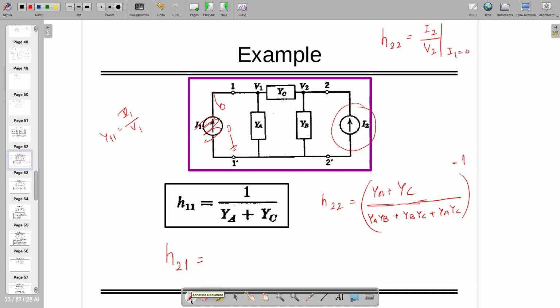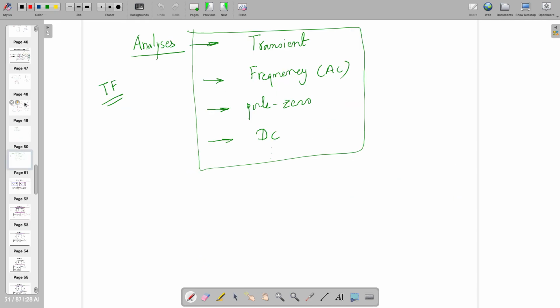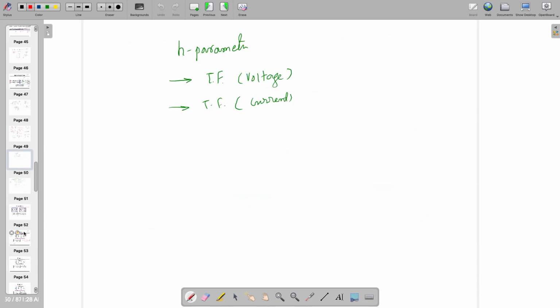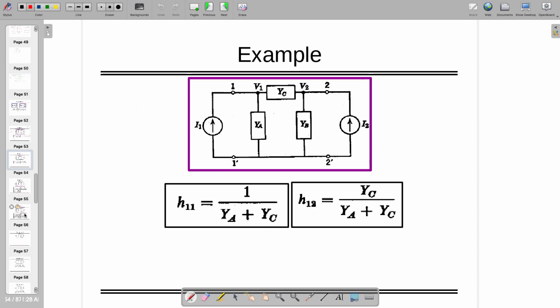Similarly, V1 and V2 are easy. We already found V1 and V2. That is the easier one. So can you tell me the voltage ratio? V2 by V1, oh sorry. H12 is V1 by V2.